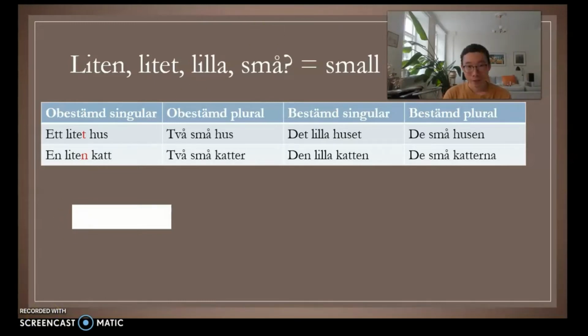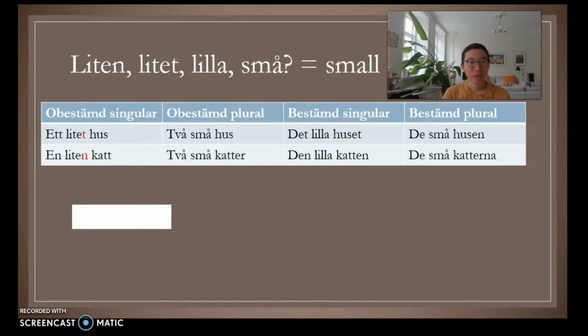So now we know that litet and liten is the singular indefinite form. Små is the plural form, both plural definite and plural indefinite. Lilla is the singular definite form of the same adjective liten, litet.